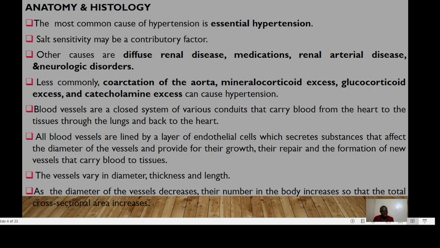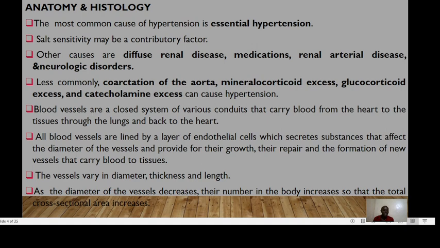It's good to know that the blood vessels are normally a closed system of various conduits that carry blood from the heart to the tissues, through the lungs, and back to the heart. So all blood vessels are lined by a layer of endothelial cells, which normally secrete substances that affect the diameter of these vessels and provide for their growth, their repair, and the formation of new vessels that can carry blood to the tissues.